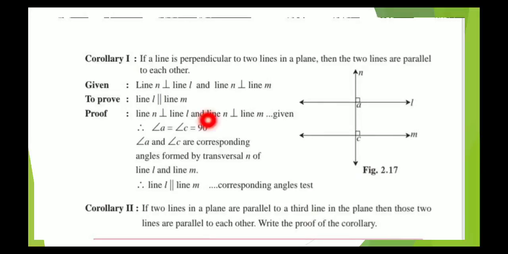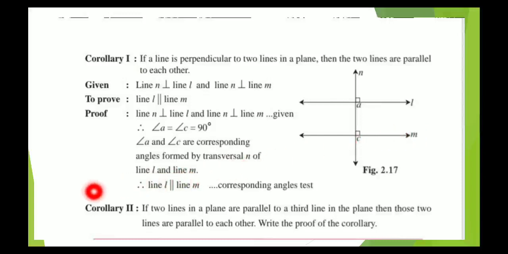Now, the point to be noted: if a line is perpendicular to two lines, here you see, if the line is perpendicular to two lines in a plane, then the two lines are parallel to each other.